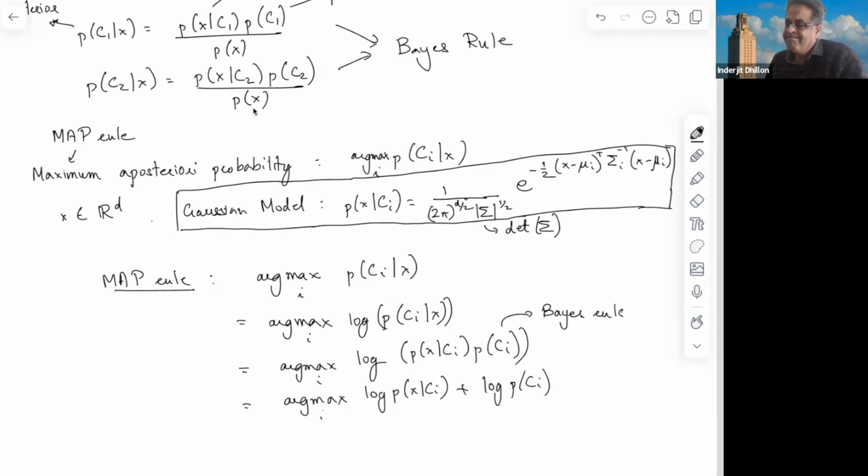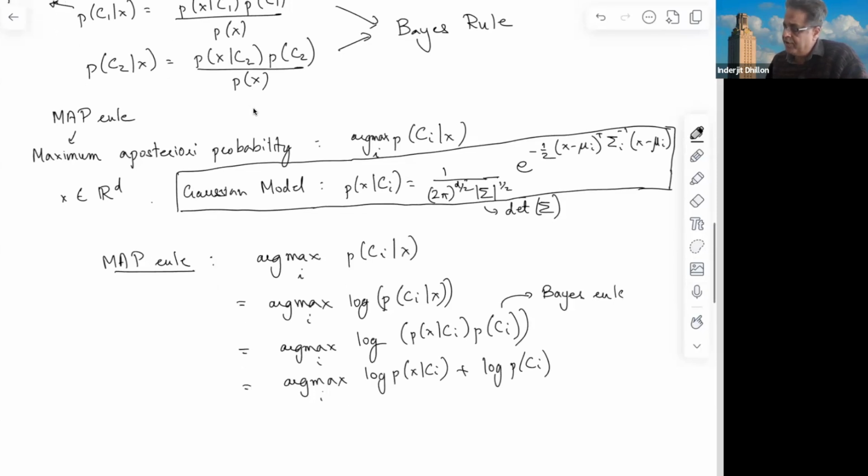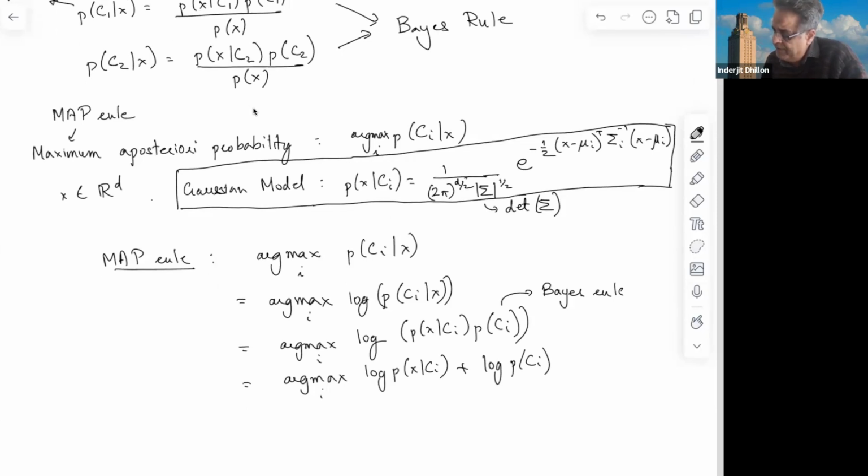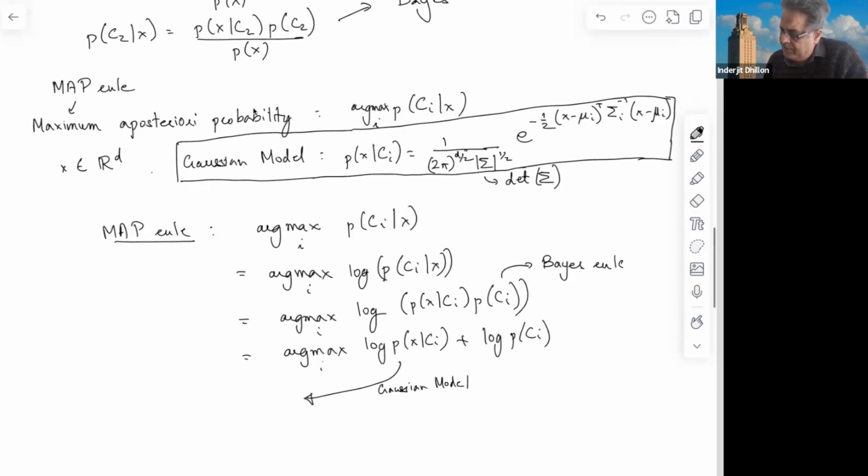Okay. And this is what we have, right? So if I do a Gaussian model, then log of P of x given Ci is equal to, I basically take a log of this quantity, right? So what is the log of this quantity?